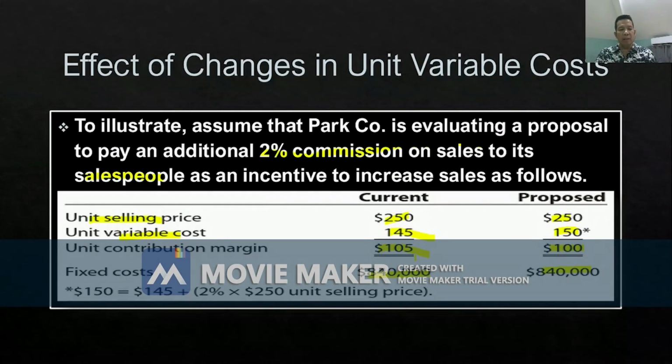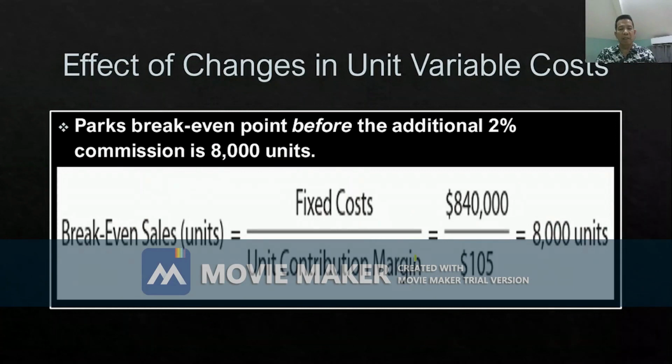Next is, what is the break-even sales in units before the additional 2% commission in 8,000 units.